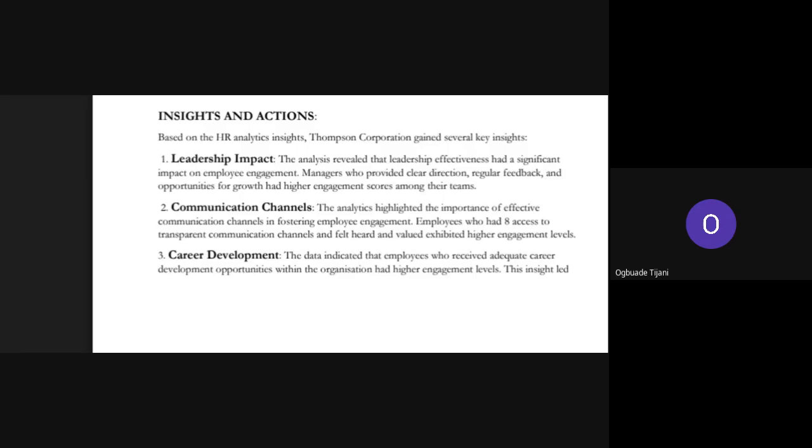There needs to be real career pattern structures drawn up for the employees, and this needs to be communicated to them, because some employees don't even know what career development really means to them.